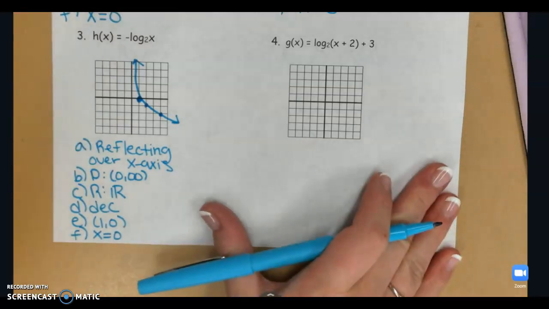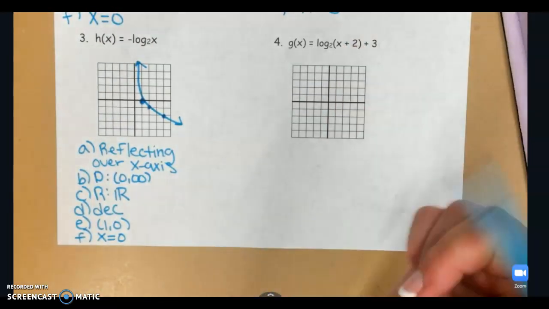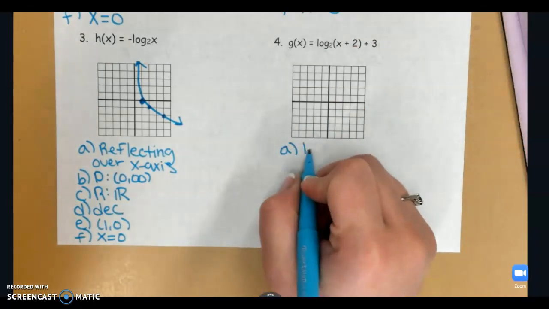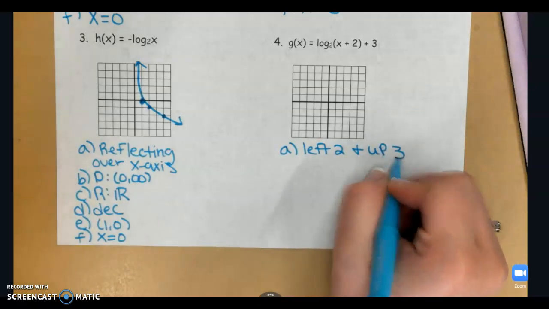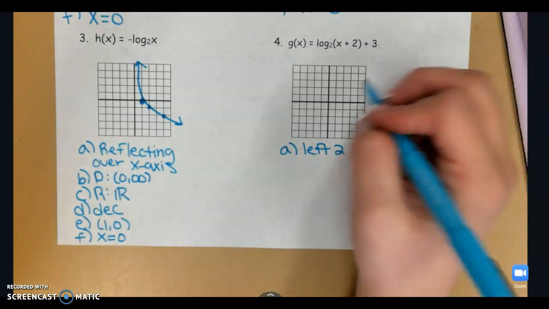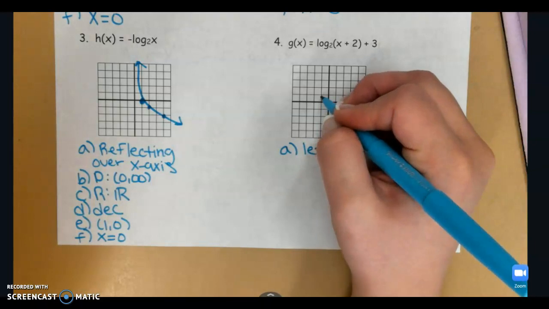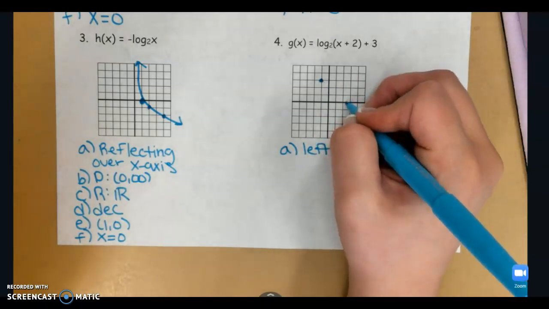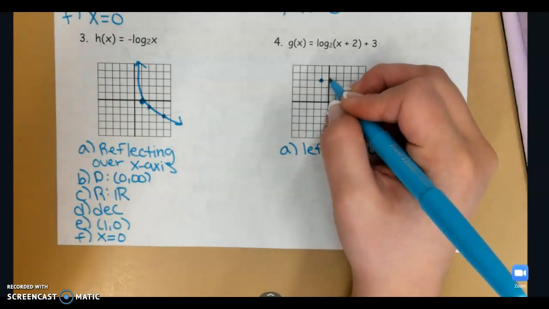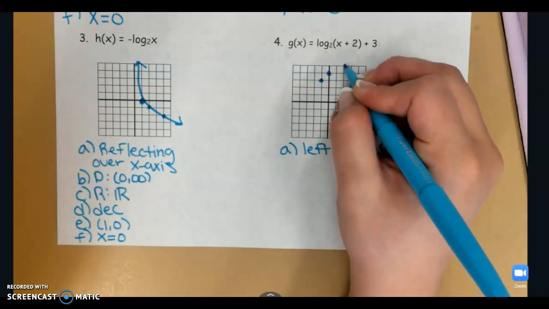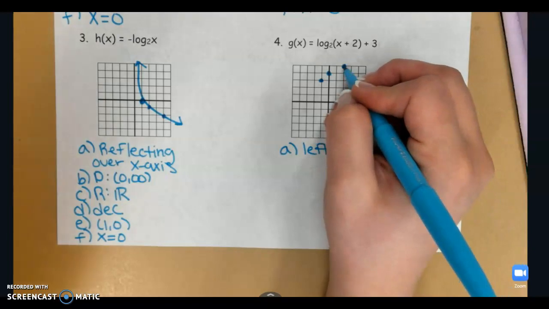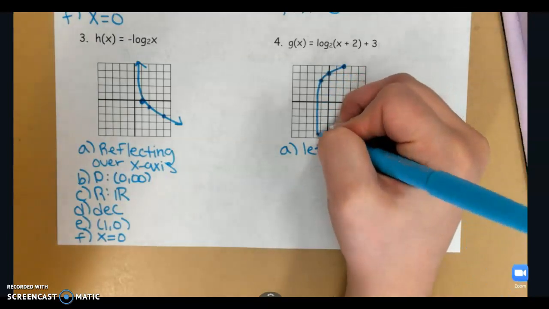Okay, last but not least, I have two transformations happening here. We are going to be going to the left 2 and up 3. So I'm going to take each of those points from my parent function and go left 2 and up 3. So here is my transformed function.